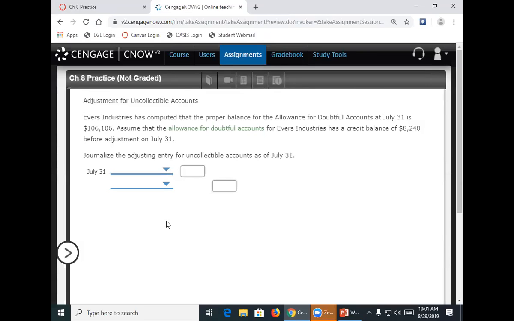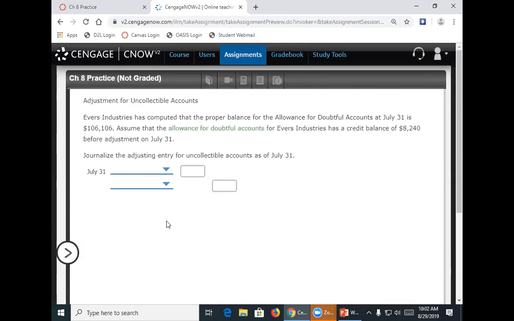So that means before we do any adjusting entries, allowance for doubtful accounts had a credit balance, a beginning balance of 8,240. That's what we call the balance before adjustment. It wants us to journalize the adjusting entry for uncollectible accounts as of July 31st. Again, this is the balance we want. This is the current balance. So what's my adjusting amount?